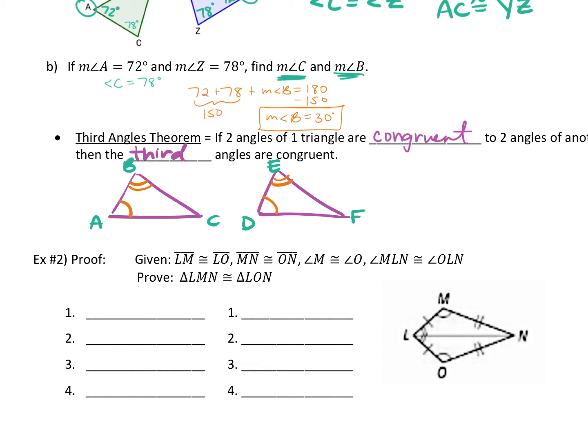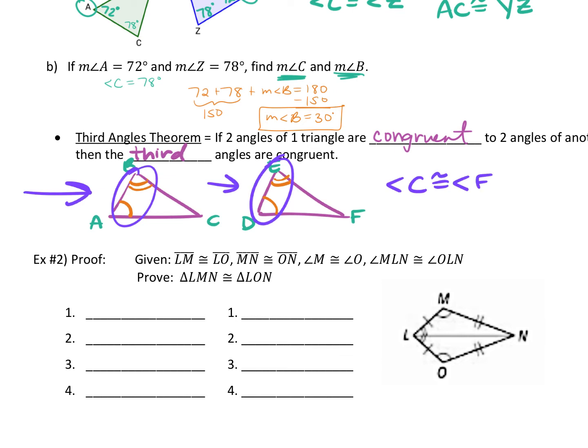Does anyone see why that would be? Yeah, Elisha. It has to add up to 180, and that means these two are going to add up to the same as this, right? So I'd have to add the same thing to both of them to get to 180. So basically what the third angles theorem says is that if I have these two pictures, then angle C is going to be congruent to angle F. Okay, there is no other option.